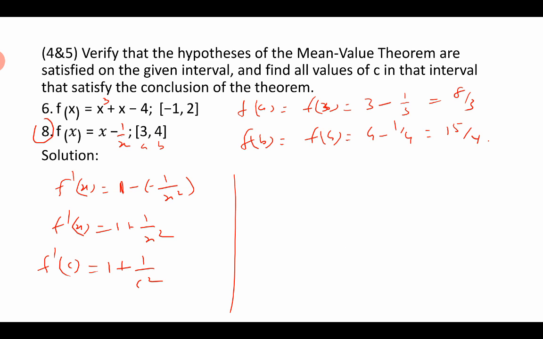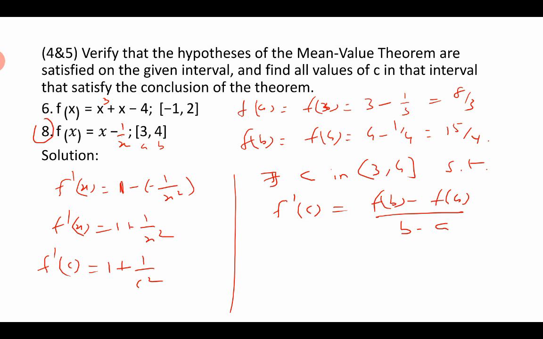There exists at least one point c in the interval 3, 4 such that f dash of c is equal to f of b minus f of a divided by b minus a. On the left side, f dash of c is 1 plus 1 over c square. On the right side, f of b, 15 over 4, minus 8 over 3, divided by 4 minus 3, which is 1. So simplify this, solve and find the c value yourself.